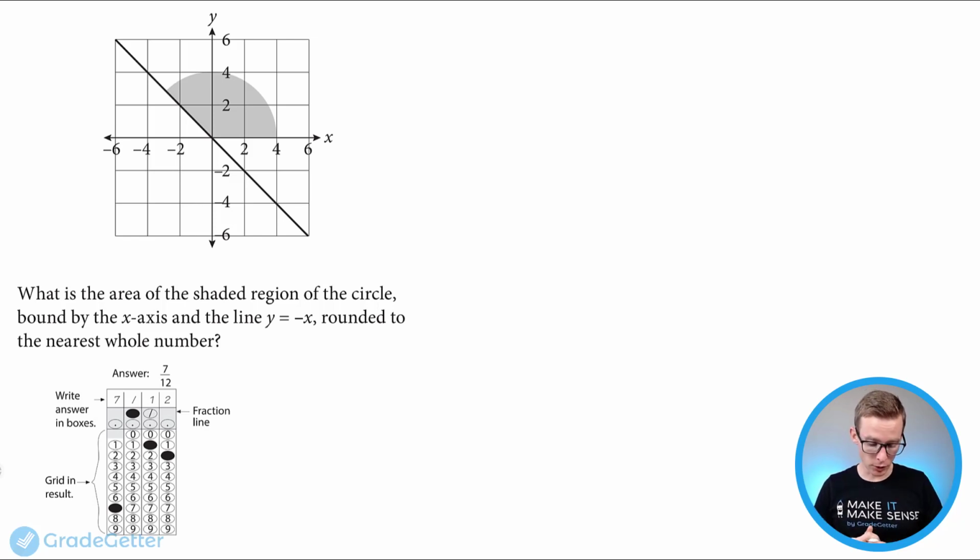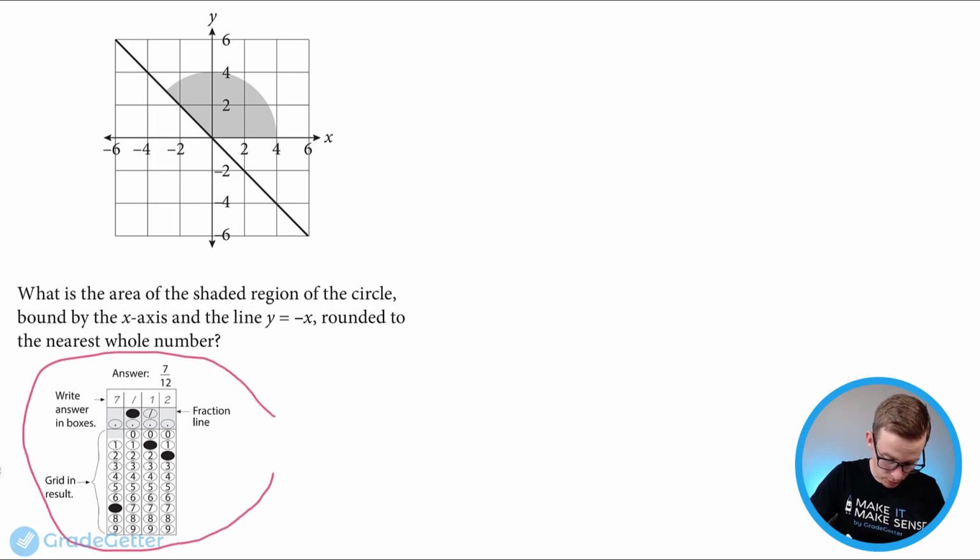Also, there will be problems in the SAT where you have multiple choice answers for your math problems. Other problems, you'll actually have to figure out yourself and then bubble in your answer. So that's what this part here at the bottom is. It's just an example of how to bubble in a particular answer. The example they give is 7/12.